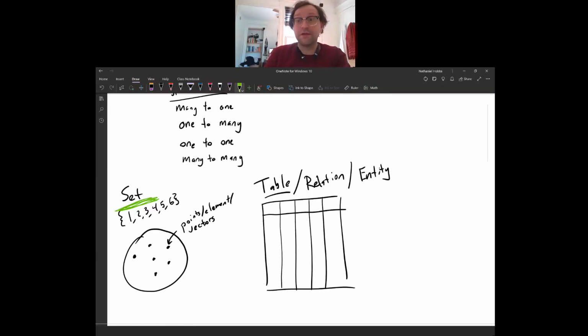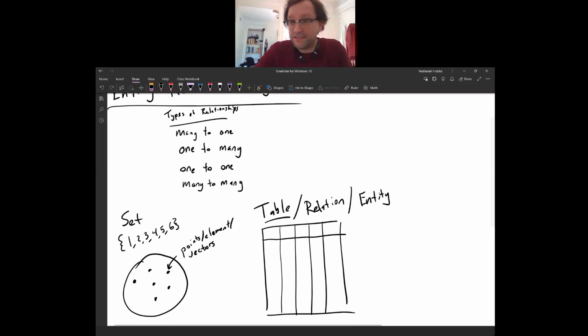Relational algebra is for making queries. ER diagrams are not for making queries, they're for organizing your tables and enforcing constraints on the tables such that certain relationships are preserved.